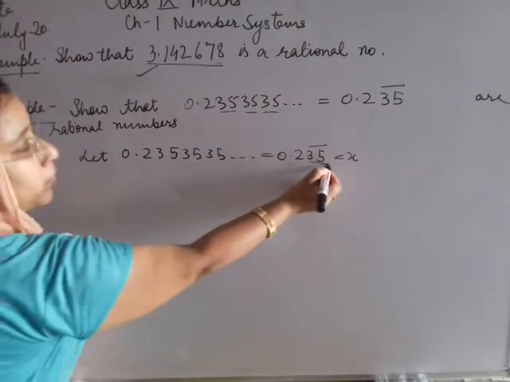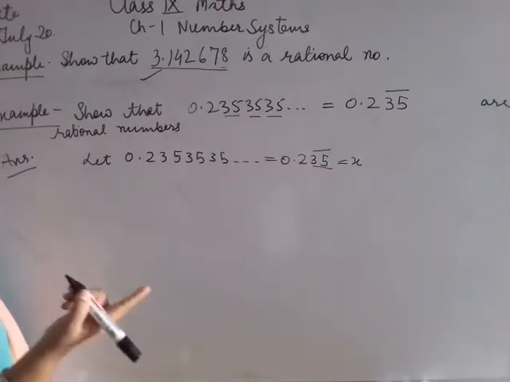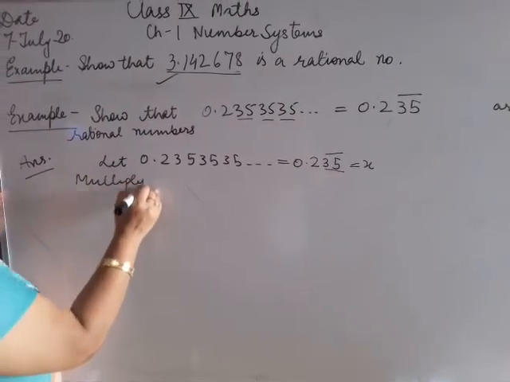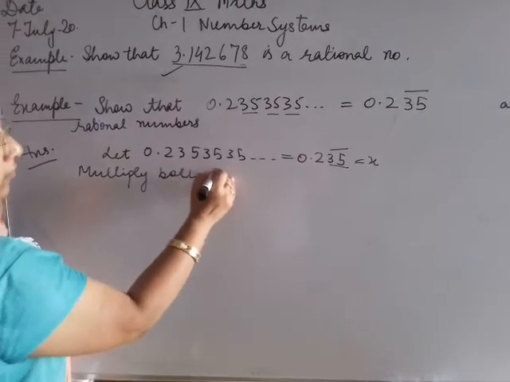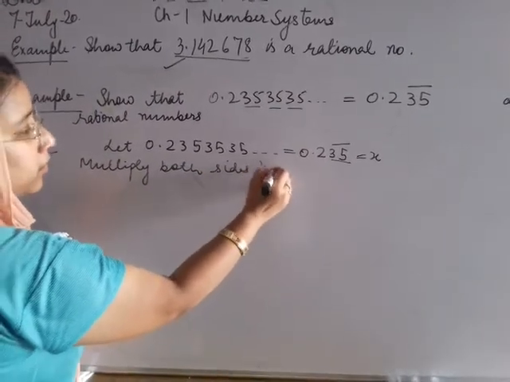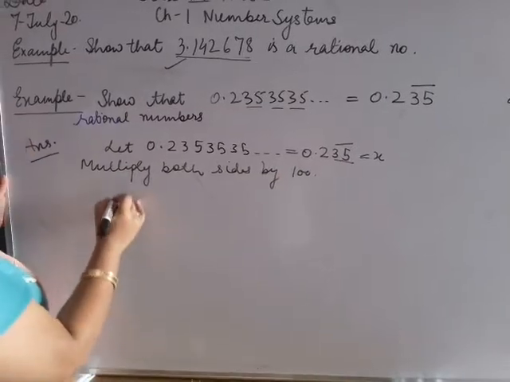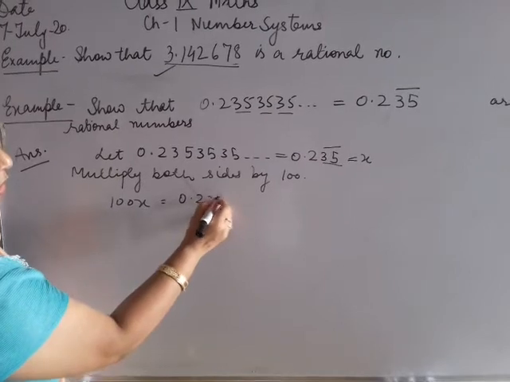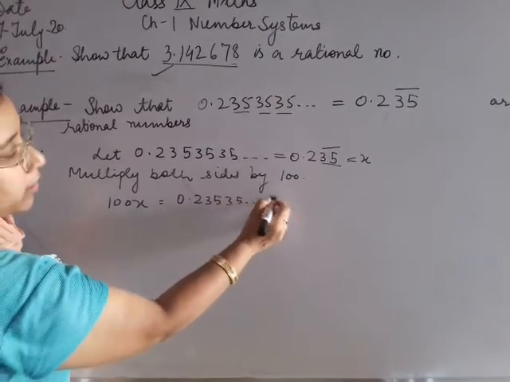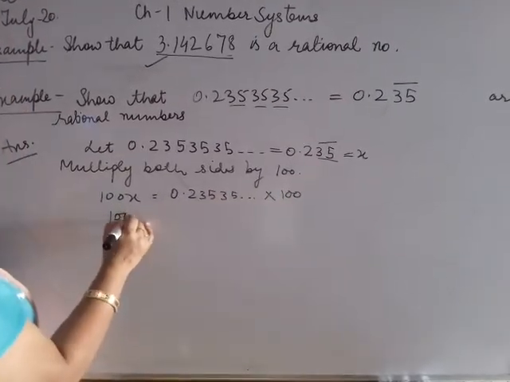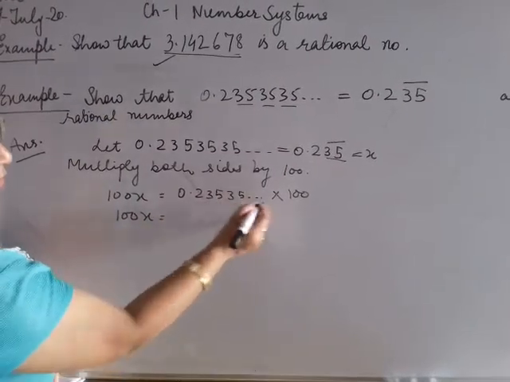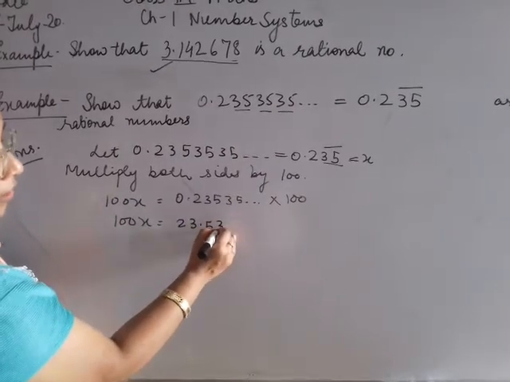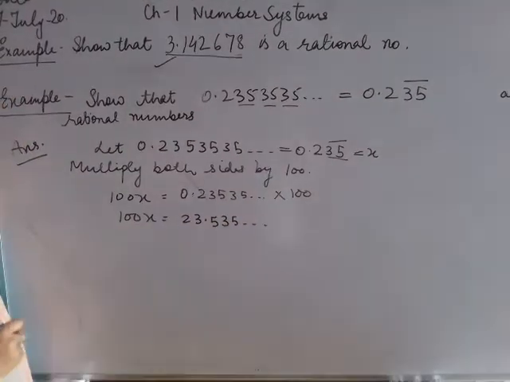Now as only two digits are repeating, we will multiply both sides by 100. Okay. So we will have 100x equal to 0.23535 and so on multiplied by 100, which is equal to, the decimal will shift two places to 23.535 and so on. Okay.